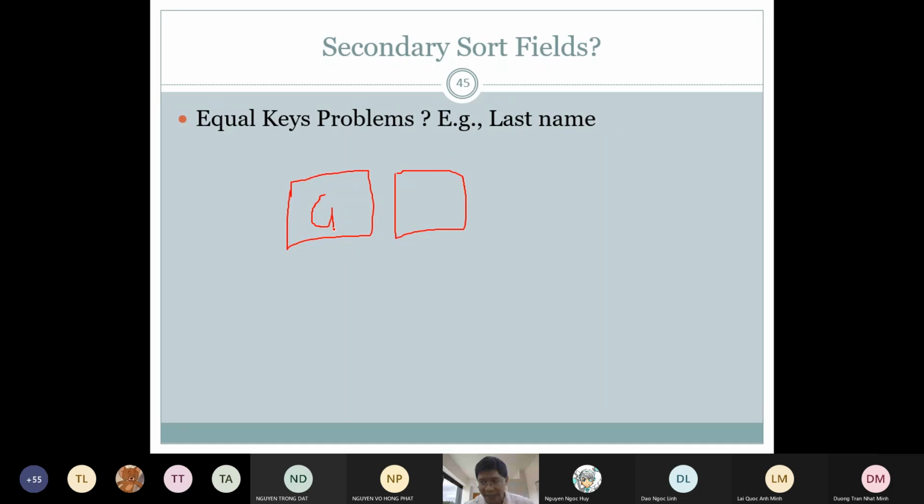If they have the same GPA, then I will sort them by the day of birth. That's what we call the secondary sort field. This means we want to sort the data with multiple criteria. Now think about that, and next time tell me how we can do the sorting like that. Is it clear, everyone? How can we sort an array with multiple criteria when we work with objects?